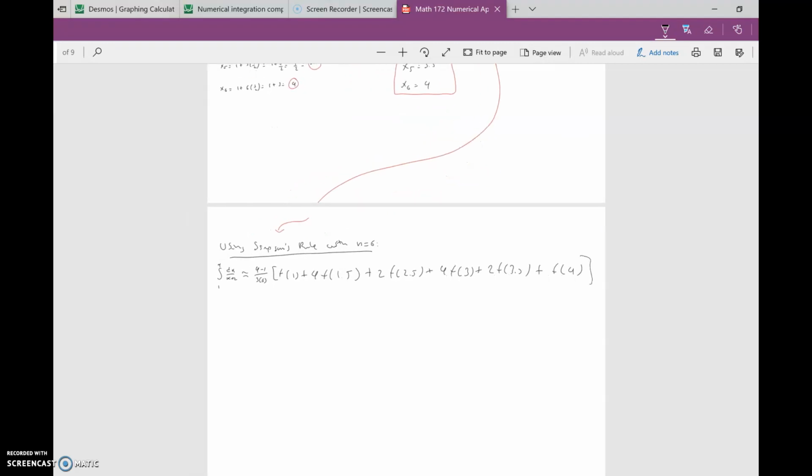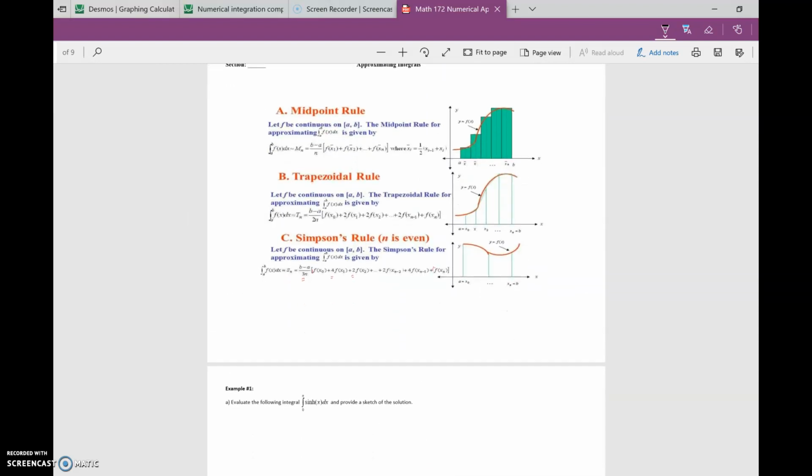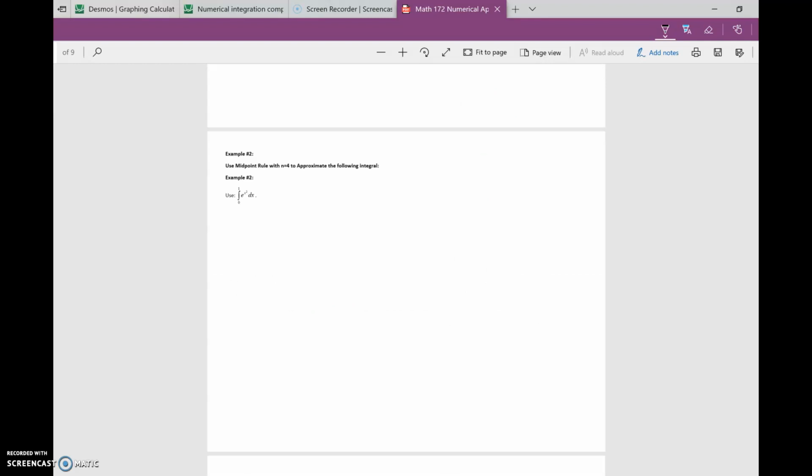And let me just double check that I didn't switch the pattern. So it's 1, 4, 2 all the way to the end. So 1, 4, 2, yep, we're good.